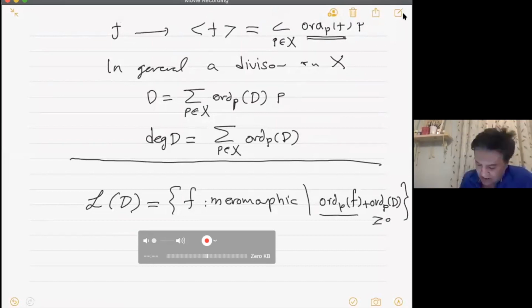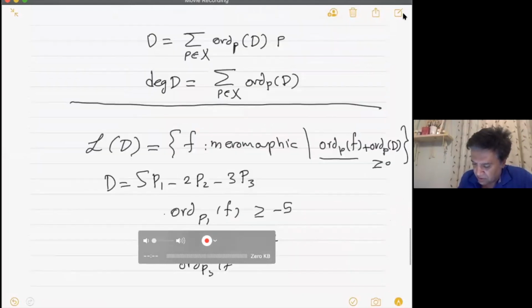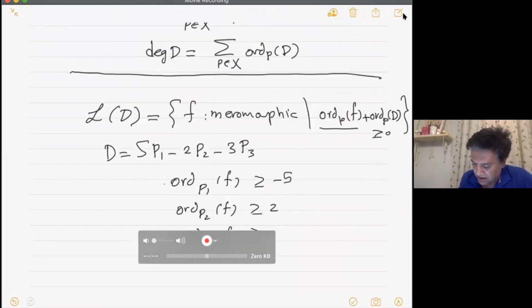For example, if the divisor is 5p1 minus 2p2 minus 3p3, then ord_p1 of f must be bigger than or equal to minus 5, ord_p2 of f must be bigger than or equal to 2, and ord_p3 of f must be bigger than or equal to 3, and ord_p of f must be bigger than or equal to 0 for all the rest.